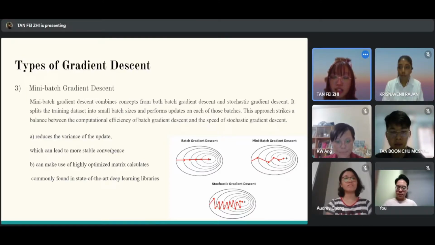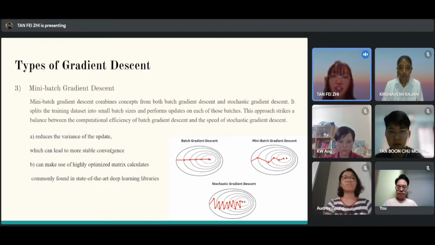As we can see in the diagram, there are the three types of descent that I explained just now. The pattern for batch gradient descent is a straight, linear line, which means it will form a redundant result compared to stochastic gradient descent, whose pattern goes up and down and will not form a redundant result.